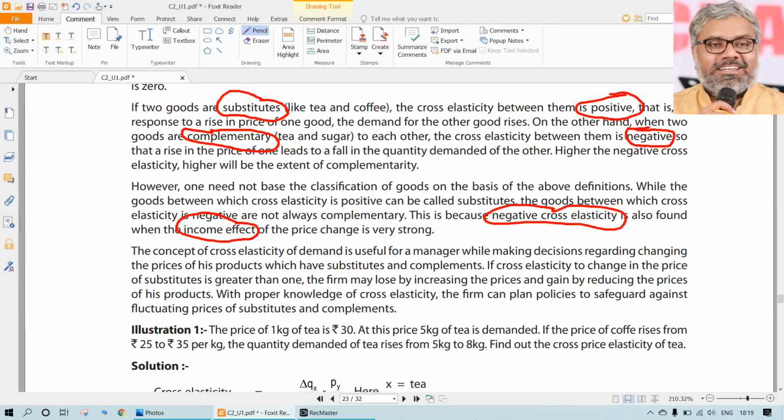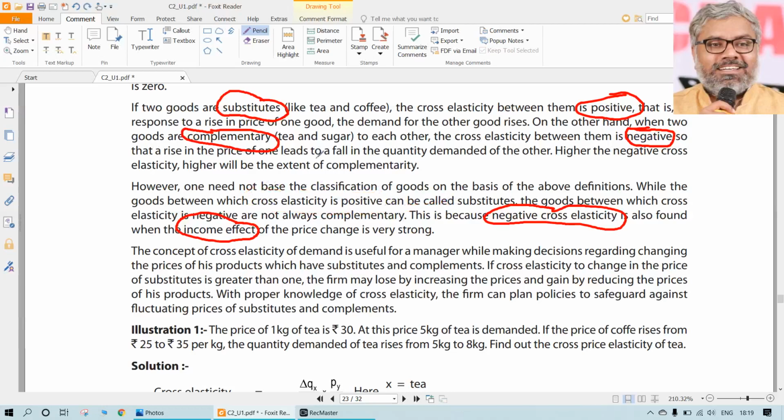When we discussed the price effect, it had two things: one is income effect, the other is substitution effect. Here the substitution effect works for substitutes. So naturally, whenever there is a positive cross elasticity, we can call the goods substitutes.